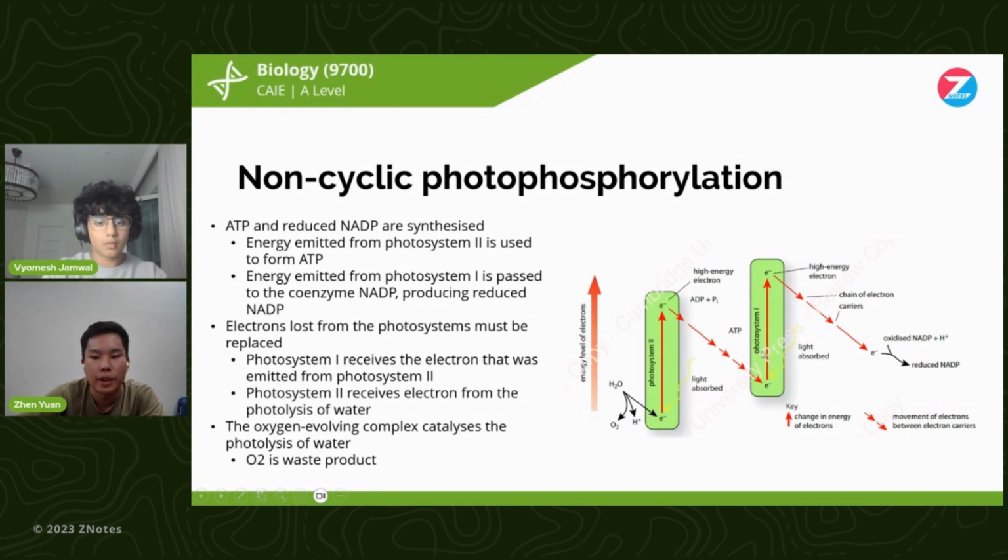The missing electrons in your reaction center must be replaced. So photosystem 1 receives the electron that was emitted from photosystem 2, and photosystem 2 receives the electron from the photolysis of water.